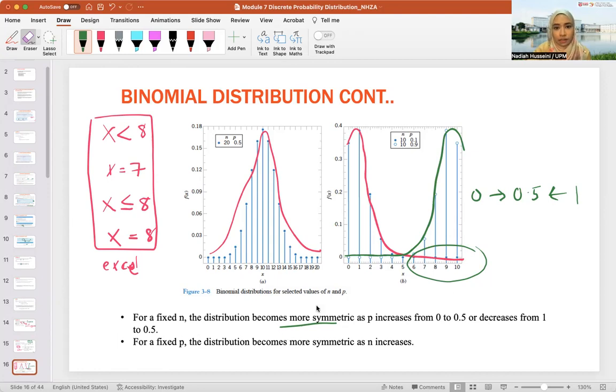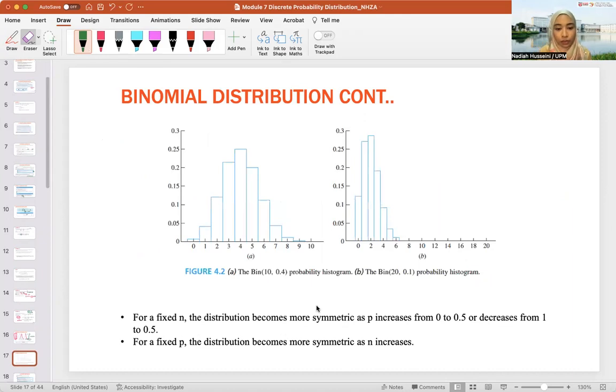So let's see if I have an example of that. Here we have the binomial distribution with n number of trials and the probability of 0.4. 0.4 is close to 0.5, so we have a rather symmetrical distribution. Here we have binomial distribution, 20 trials with 0.1 probability.